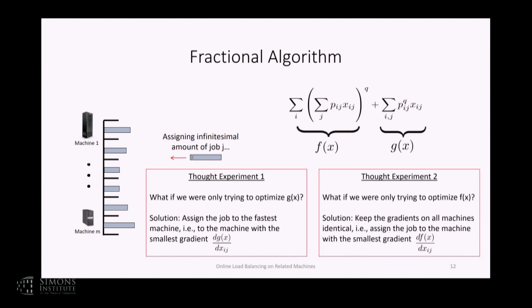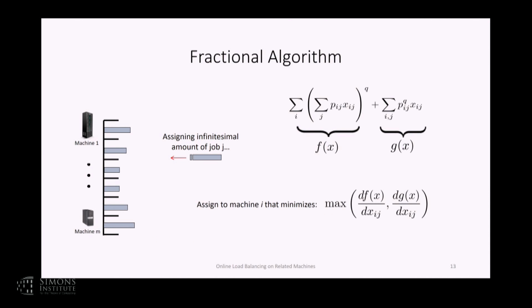And indeed, that's what we do in the actual algorithm. The natural extension of these experiments would be to take the derivative of the sum and assign to the machine that minimizes this. This by itself is a little cumbersome and hard to work with, but it's in the same spirit. We assign to the machine that minimizes the maximum of these two derivatives. So it's the same. Think of the sum if that's more convenient.